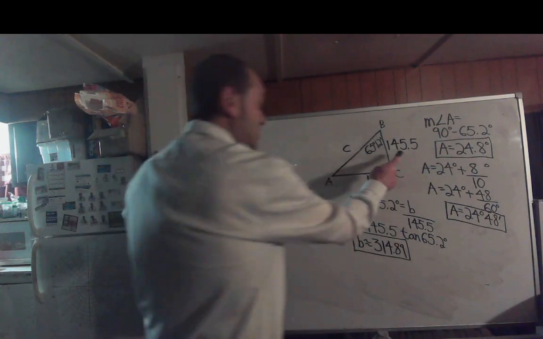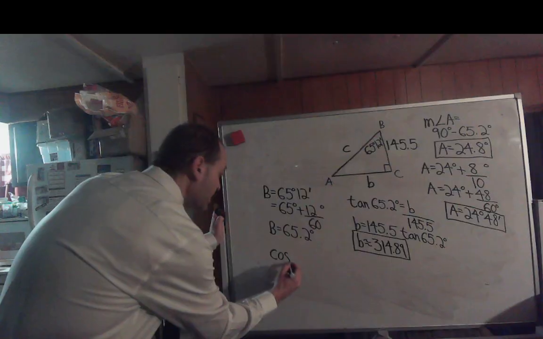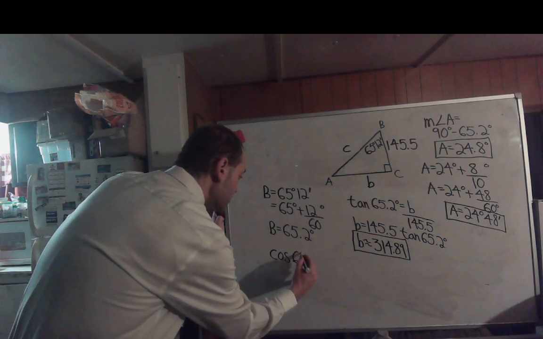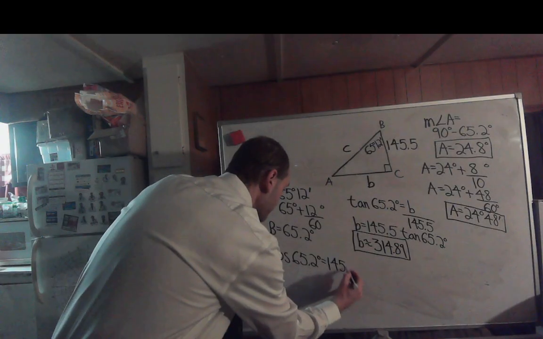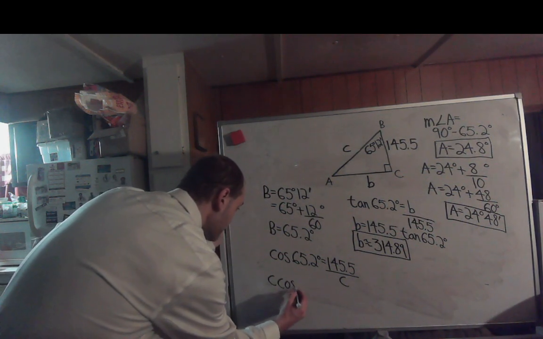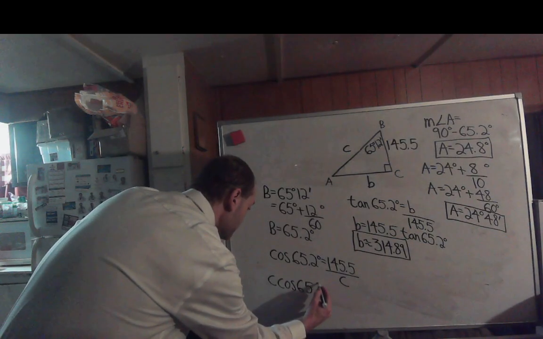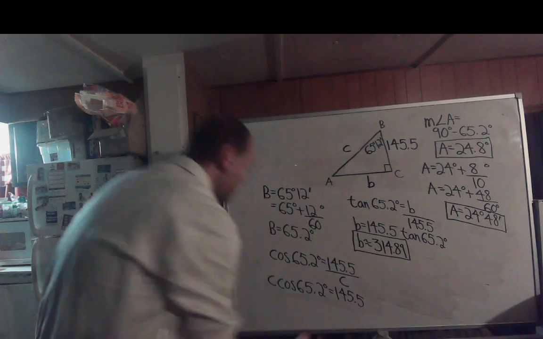Now we can find C. Well, we can use the cosine ratio with angle B, because the cosine of that 65.2 degrees equals your adjacent side of 145.5 over side C. So C times the cosine of 65.2 degrees equals 145.5, which then means that side C equals 145.5 divided by the cosine of 65.2 degrees.